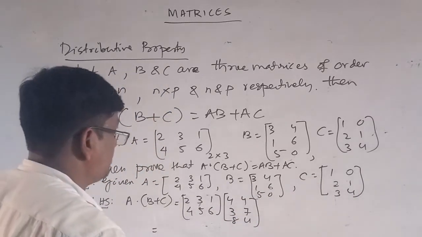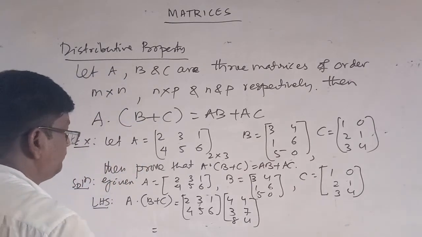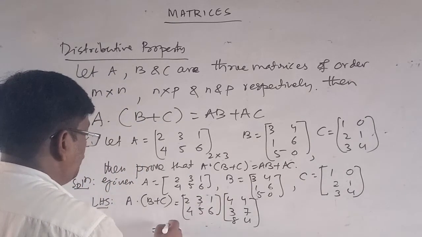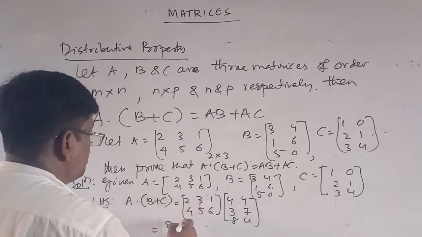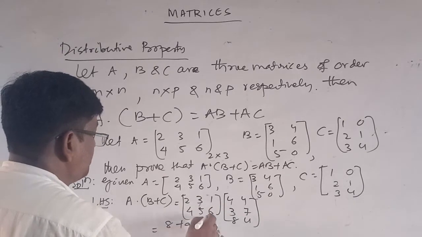This is equal to 2 into 4, 8 plus 9 plus 8.